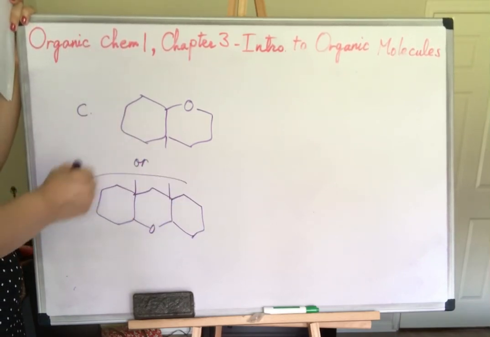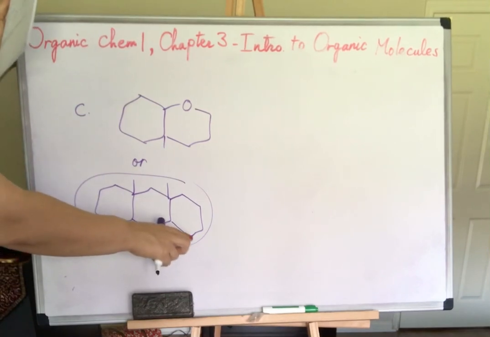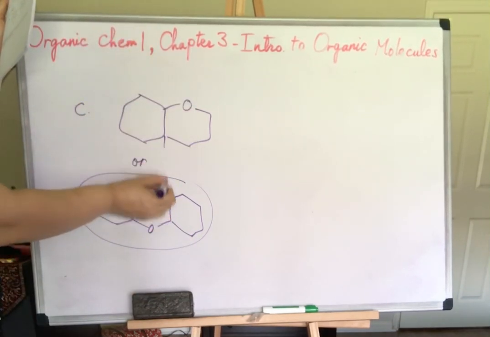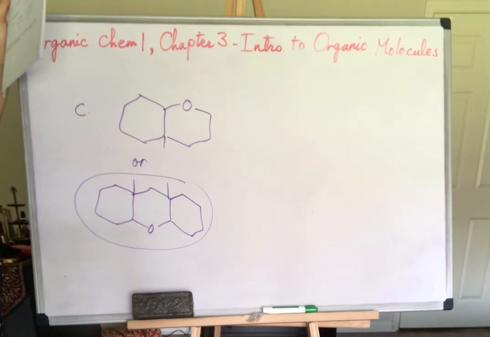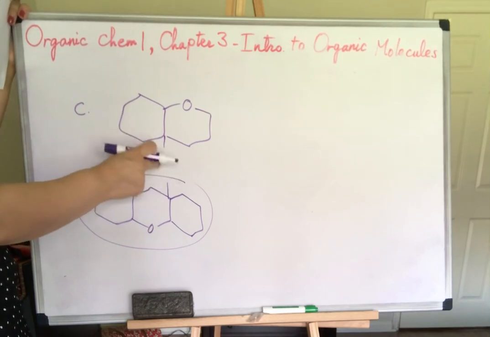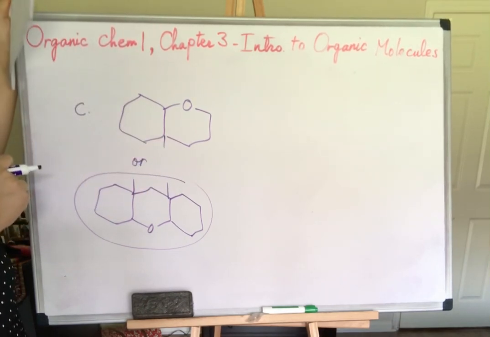If you said this one has higher boiling point, you were right, you got it right. Why? Because it's a larger molecule, higher surface area, and two more bonds here versus one more bond here.